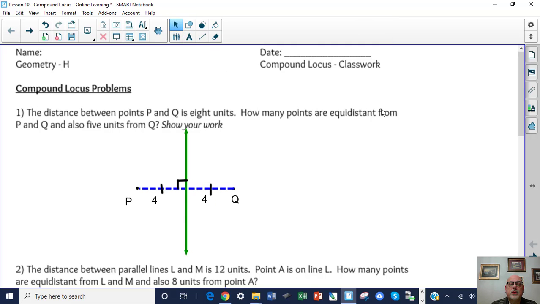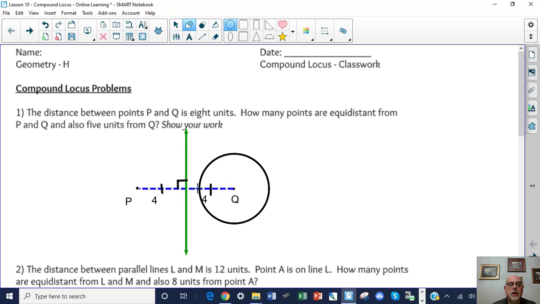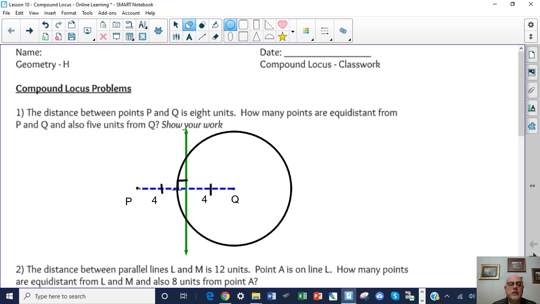Now the second criteria we have is 5 units from point Q. Well, I have a given fixed point now, so 5 units from that is a circle with radius 5. I know my distance to the green line is 4, so I have to go a little past the green line. That's how we're going to draw 2 loci on the same problem.